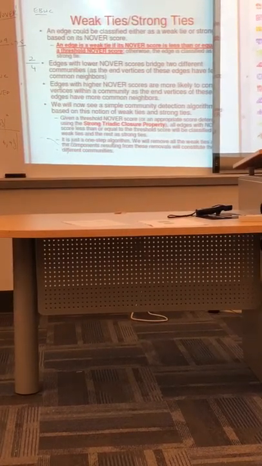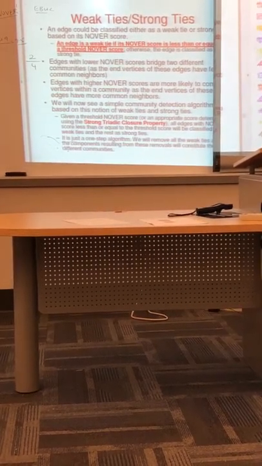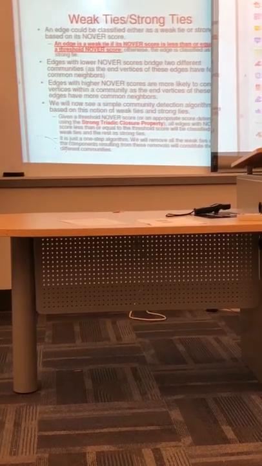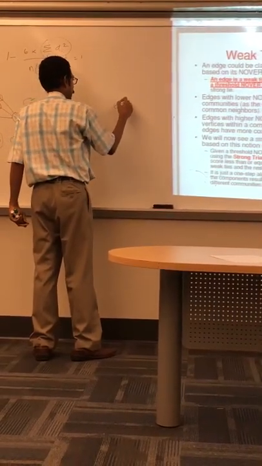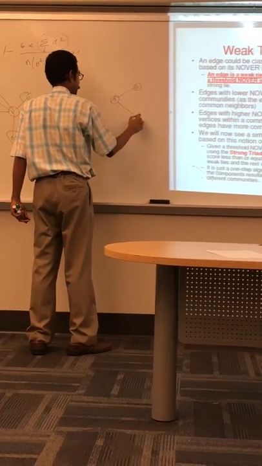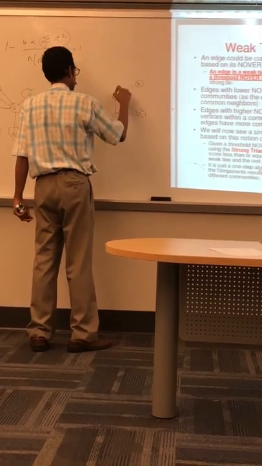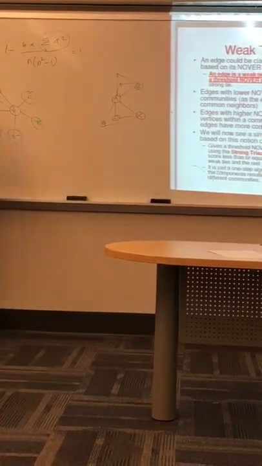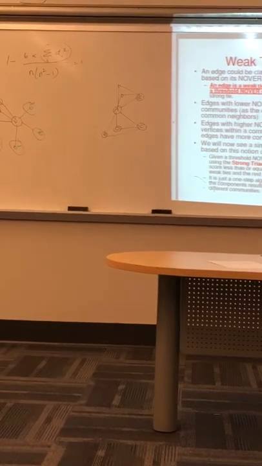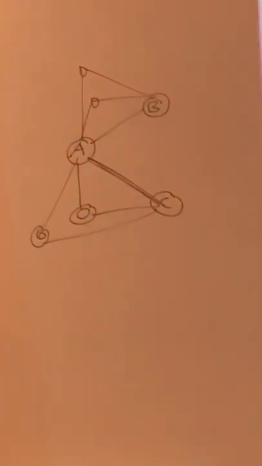Now in social networks like in Facebook and all the social networks, you could observe that if A and B have a lot of common neighbors, of course A and B have an edge, and they also have a lot of common neighbors, and A and C also have a lot of common neighbors, right?